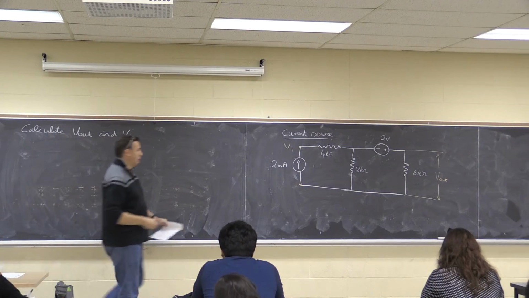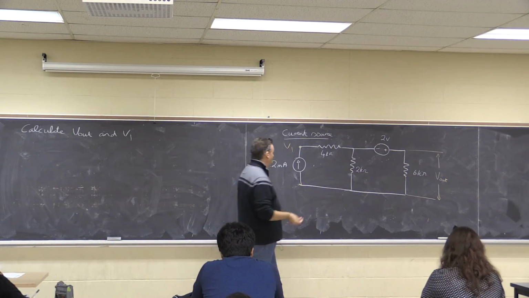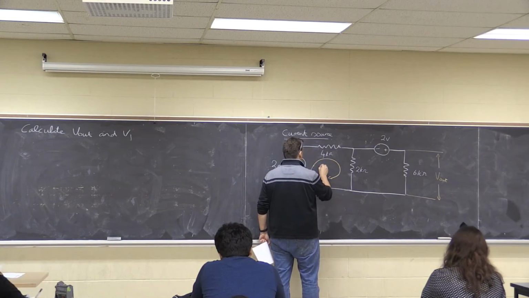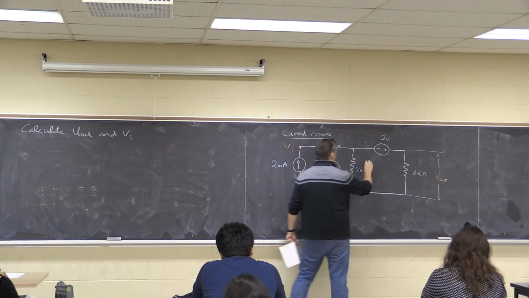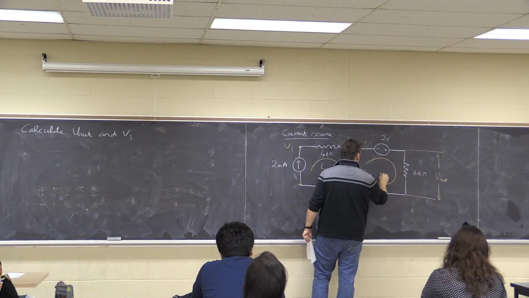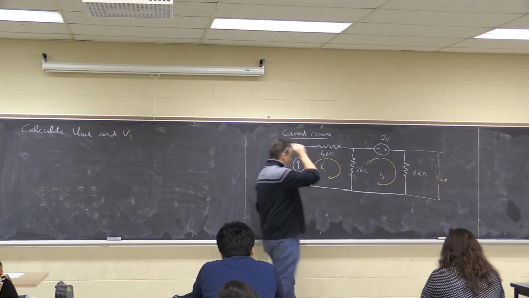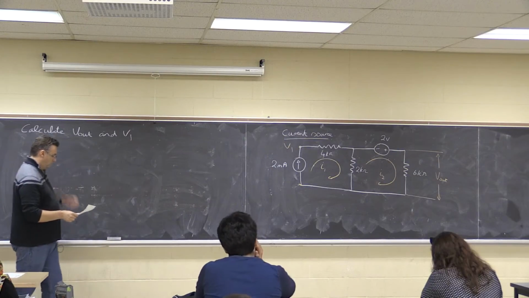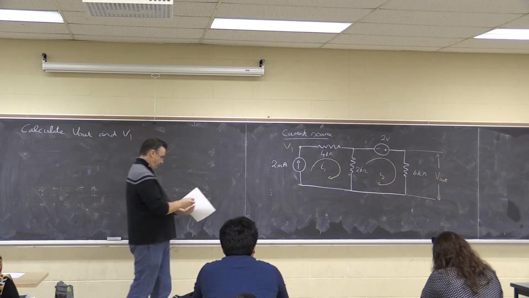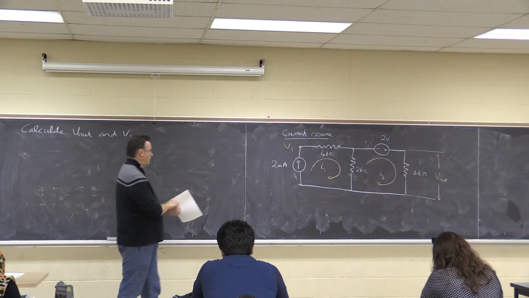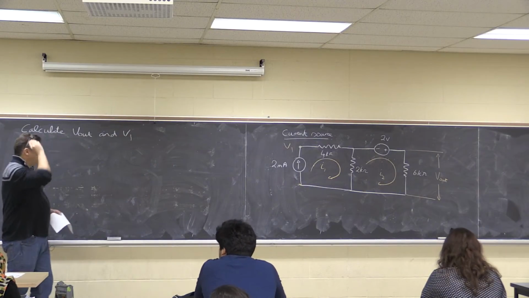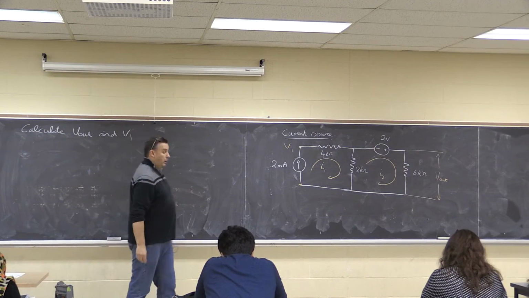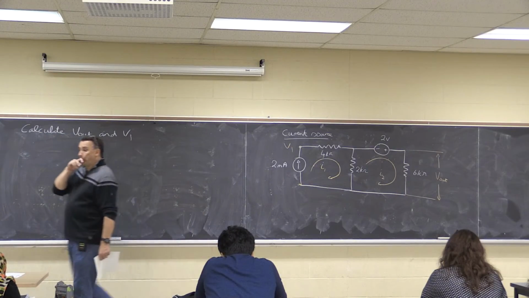So again, we're looking at loop analysis today, so let's create a loop current. We'll call a loop current that way, and we'll call it I of 1, I of 2. Okay, what do I know about this circuit?